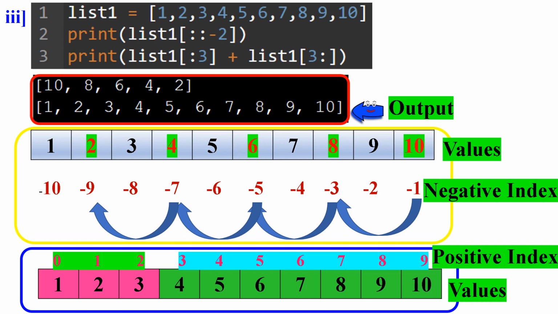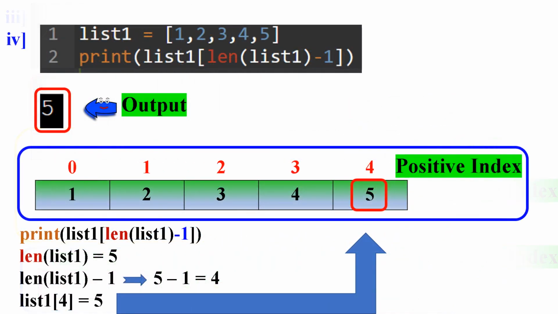The second slice, list1[3:], includes elements from index 3 to the end of the list. So, when concatenated together, the output will be 1, 2, 3, 4, 5, 6, 7, 8, 9, 10.